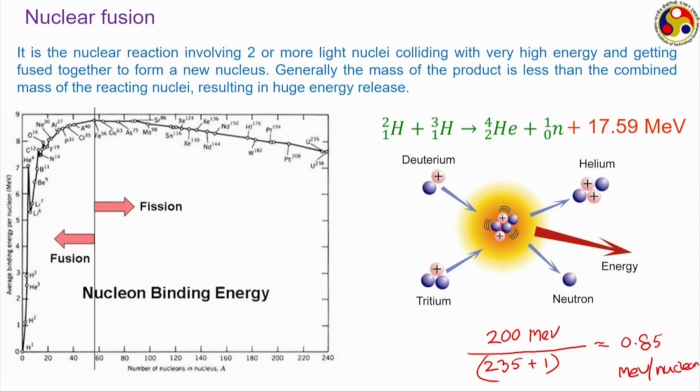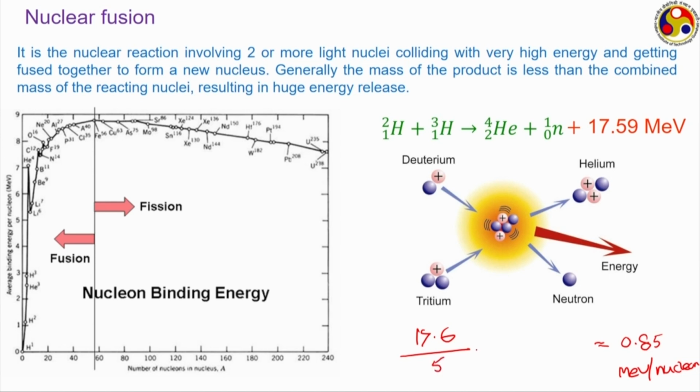Now, put that into perspective with the present fusion reaction. Here we are getting 17.6 MeV of energy, and how much is the number of nucleons? It is 2 for deuterium and 3 for tritium. So, total 5.